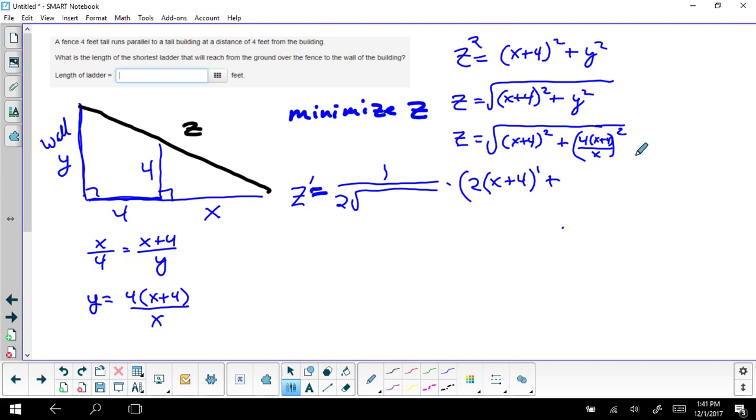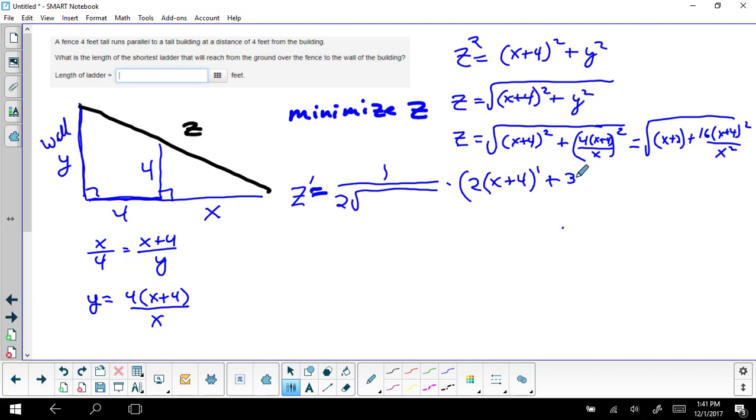Well, instead of doing that, I'm going to change that expression inside that square so that it's 16 times (x plus 4) squared all over x squared. And I'm going to take the derivative of that expression.